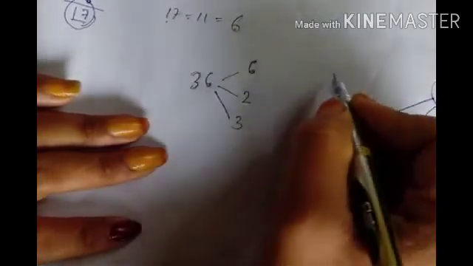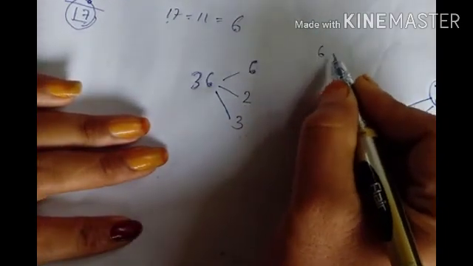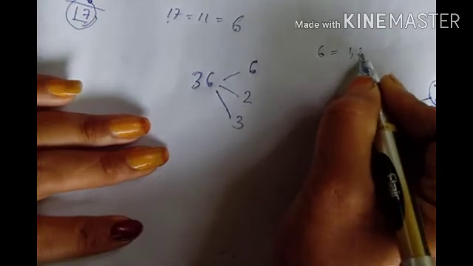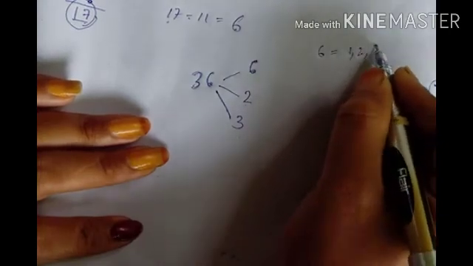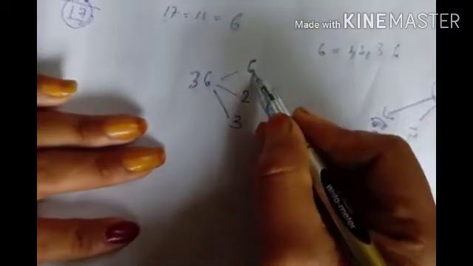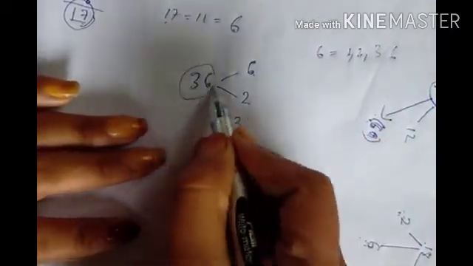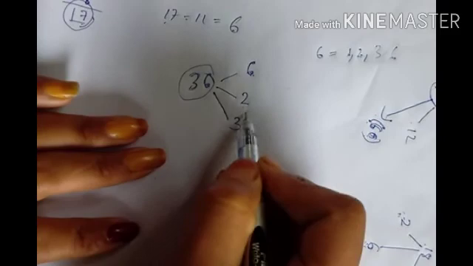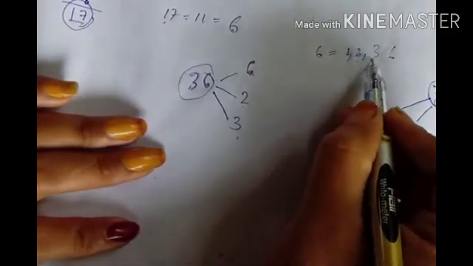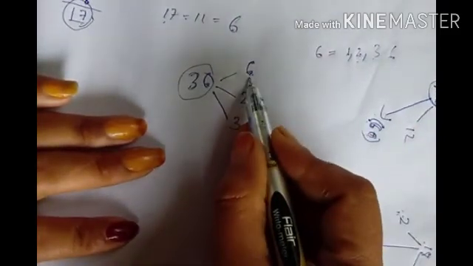Why? Because the factors of 6 are 1, 2 and 3. So if any number is divisible by 6, then its factors, 2 and 3, will also divide it.